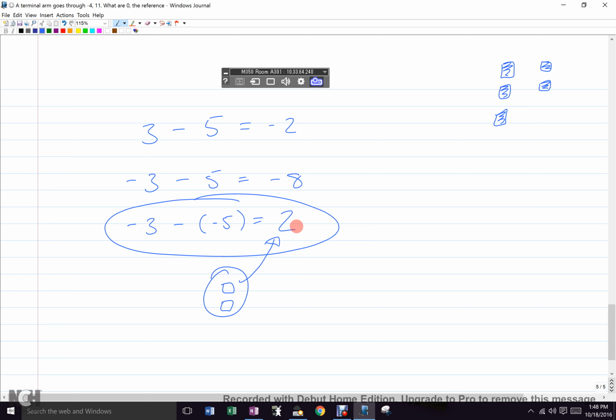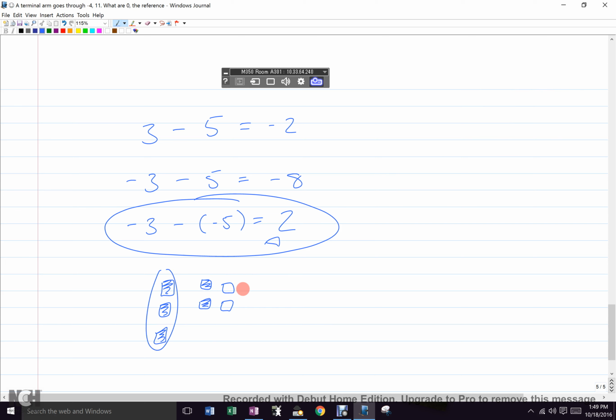Sam. I don't get it. How do you just add like the two negatives and the two? What did I start with, Sam? Negative 3, right?